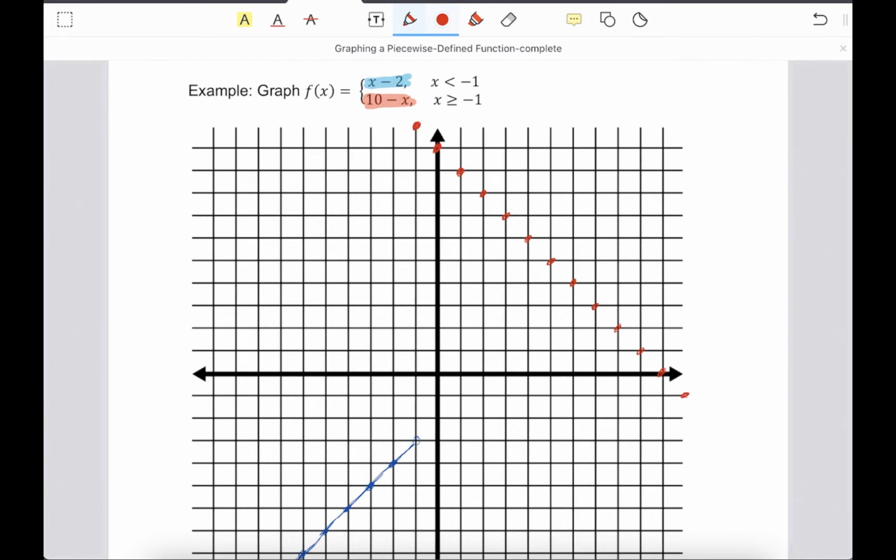It is a closed point because of this equal to sign. And we wouldn't put any points over here because that's not in the domain of that part of the graph. So we go right up to there and we draw our line through these points. And we have our piecewise defined function.